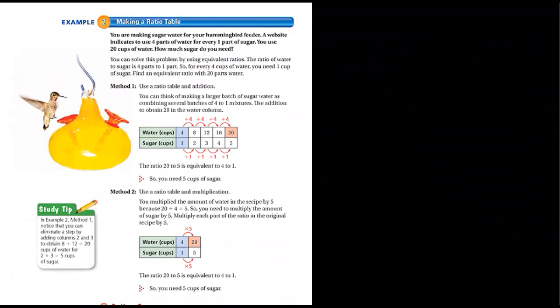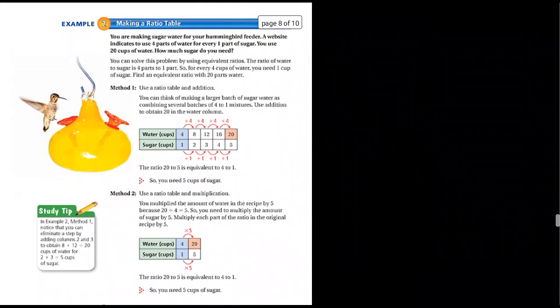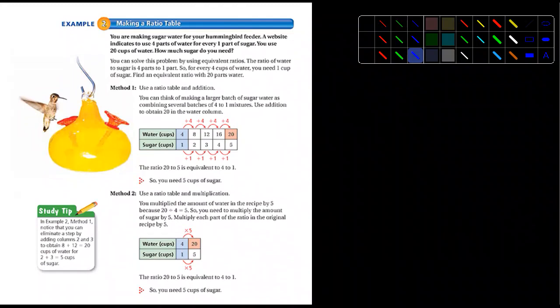Example 2. So in this example here, you can see that what they're doing with the water is they're adding 4 cups every time, and what they do with the sugar is adding 1 cup every time.